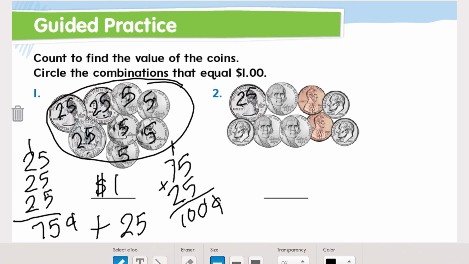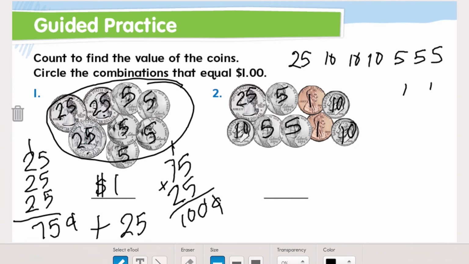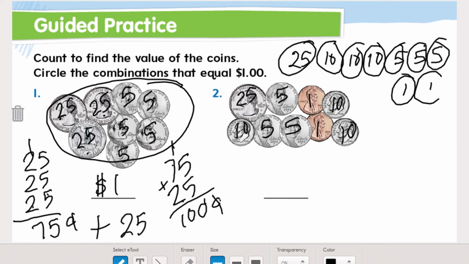We've got, this is a quarter, dime, dime, dime, nickel, nickel, nickel, penny, penny. So I'm going to write this out a little bit different. 10, 10, 10, 5, 5, 5, 1, 1. Just so we can order them greatest to least.